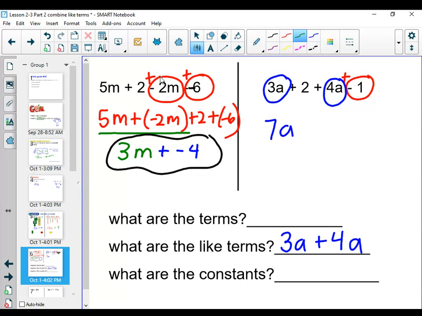What are the constants? 2 positives plus 1 negative. 2 good guys, 1 bad guy. Good guys win by 1. That is my goofy looking final answer.